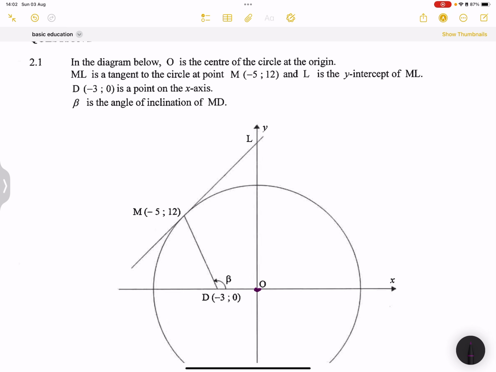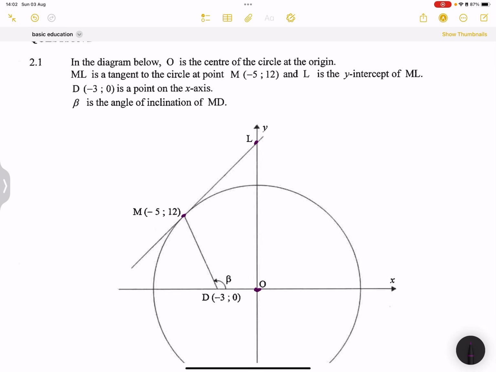They say L is the y-intercept of ML. So this is the line ML, and there's L, which is the y-intercept. They also tell us that D (-3; 0) is a point on the x-axis, as well as that beta is the angle of inclination of MD. Right, let's get into it.